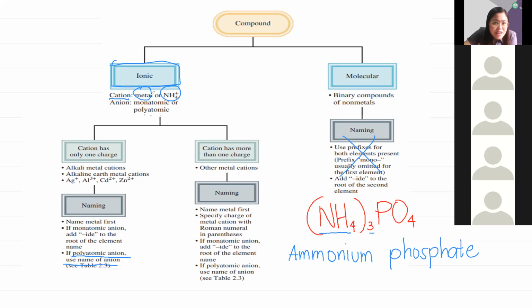So pag ions gani class ha, cation and ions, ionic atong tawagan ng compound. So never gyud ta mo gamit og prefixes, kahit na may subscript siya dyan. And then PO4, you can also look at your index cards there. Pangitaan ninyo si PO4, you can see there na iyang pangalan kay phosphate. So ammonium phosphate na iyahang name.